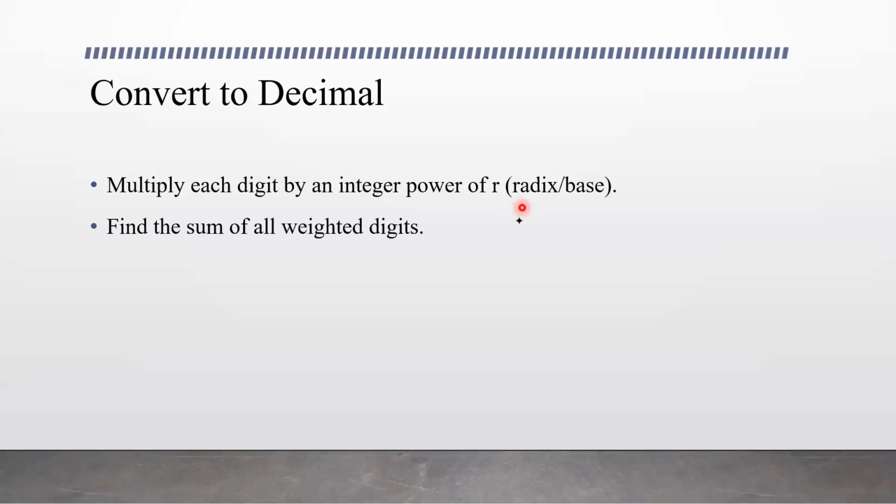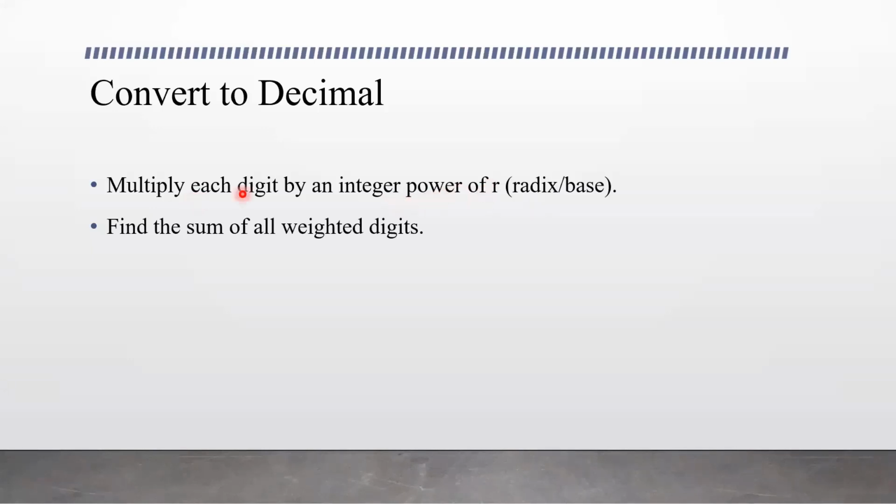If we want to convert a binary number to a decimal number, the base or radix is 2. The integer here refers to the position. If the digit is at the 0th position, we write r power 0.